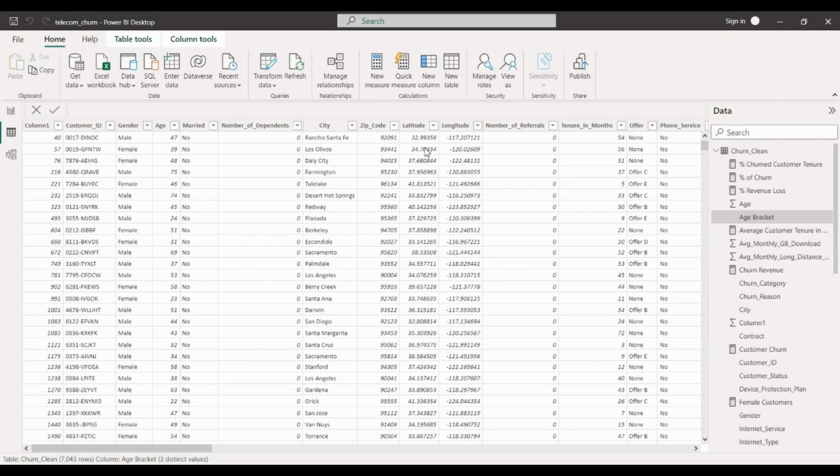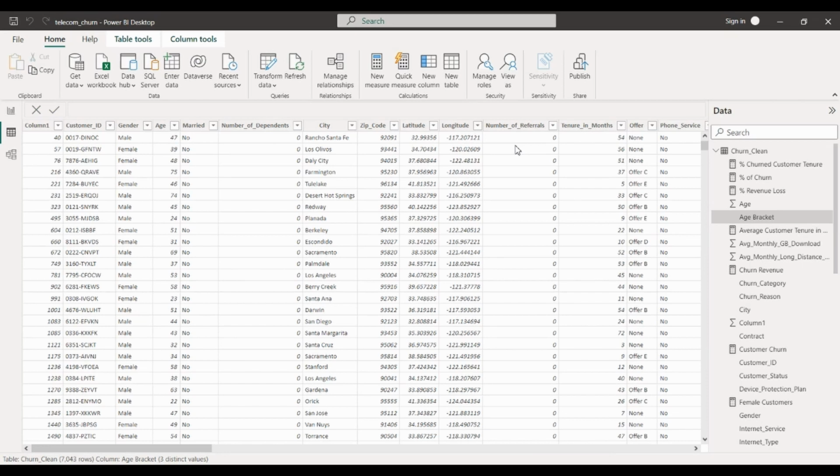There are also latitude and longitude, and with the help of longitude and latitude, we can easily visualize the data on the map.